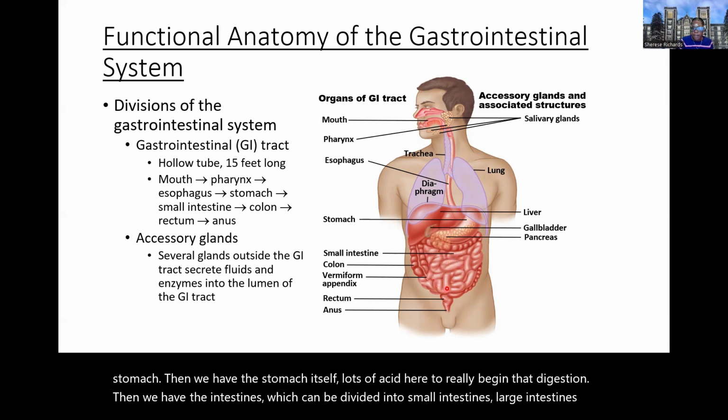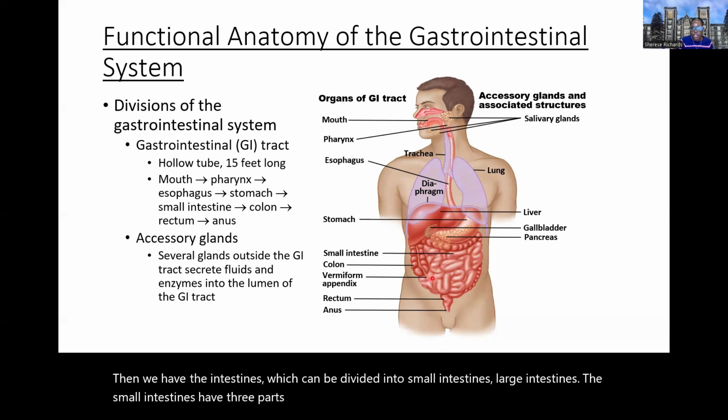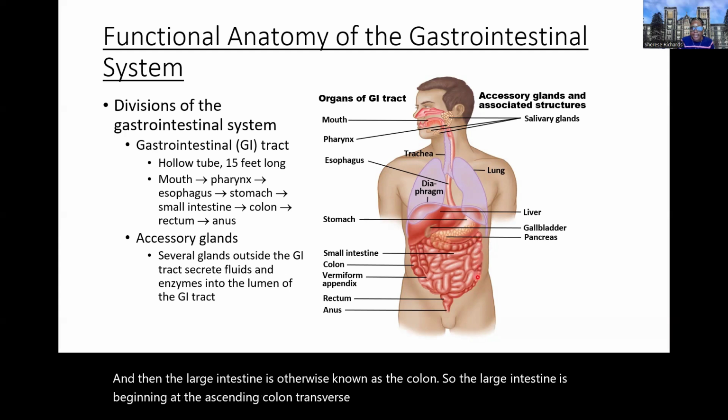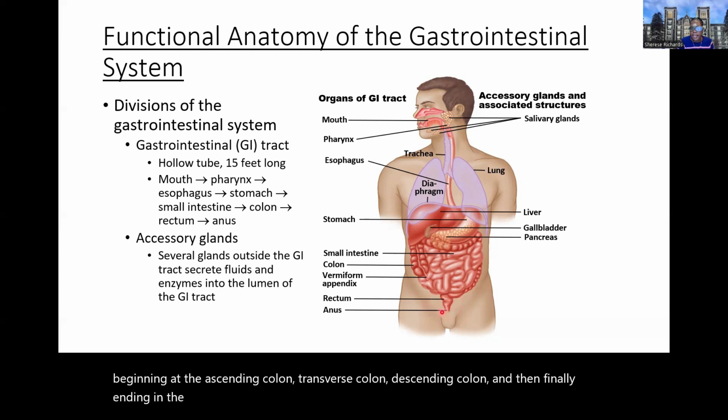The small intestines have three parts that we'll speak about, the jejunum, the duodenum, the ileum, and their main role is absorption. And then the large intestine is otherwise known as the colon. So the large intestine is beginning at the ascending colon, transverse colon, descending colon, and then finally ending in the rectum and then the anus. So that is the entirety of the alimentary tract or the GI tract.